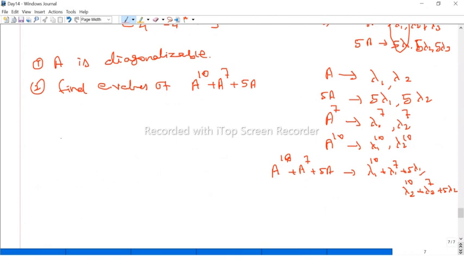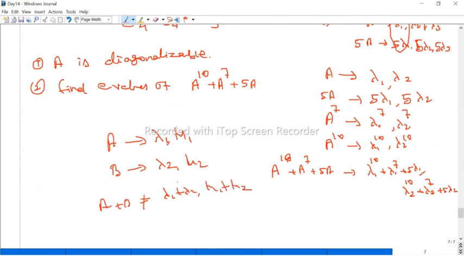This is only valid when all the matrices are the same matrix A. It is not true in general. Suppose A has eigenvalues lambda 1, lambda 2, and B is another matrix with some other eigenvalues mu 1, mu 2. We cannot say the eigenvalues of A plus B are lambda 1 plus mu 1, lambda 2 plus mu 2. This is not true in general.